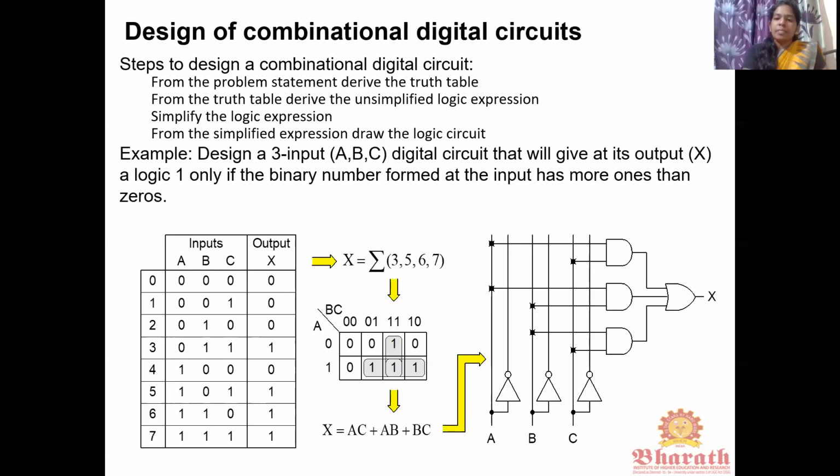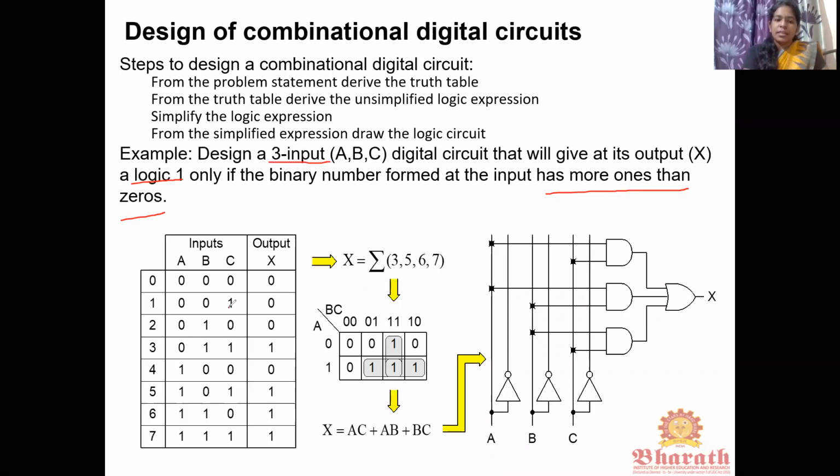So here, if it has more ones compared to 0 means you have to mention 1 in the output. So you have to put 1 in the output if it has more ones compared to zeros. So 3 input means ABC. In ABC, if it is more ones or 2 ones or 3 ones means you have to put 1.